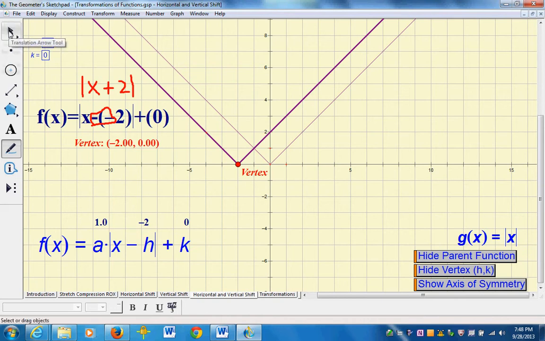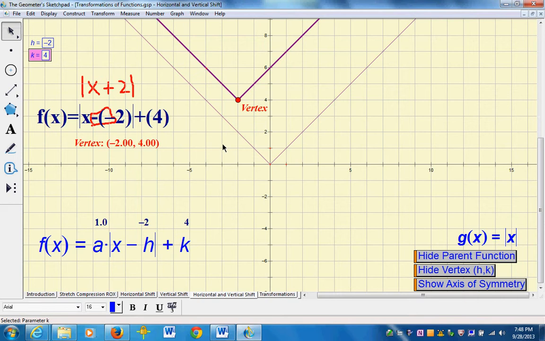Let's go ahead and change my k value. Let's make my k value 4. So notice that my k moved my function vertically 4. So for this particular function, I'm going to write it out right here up above.